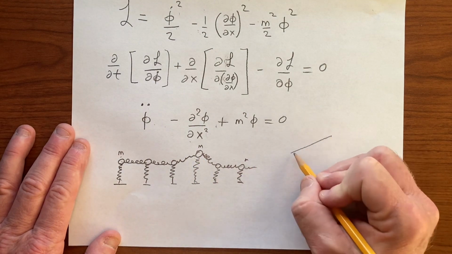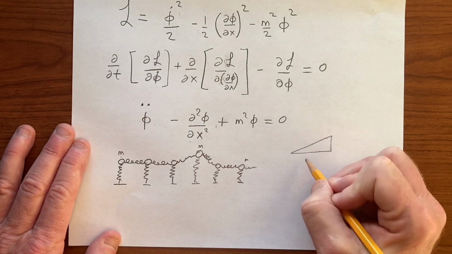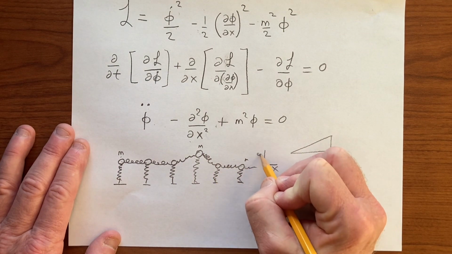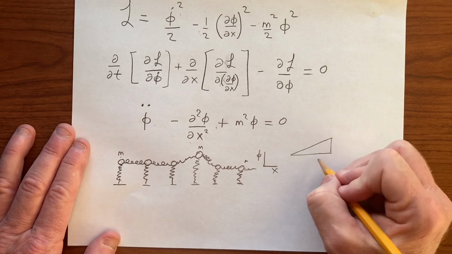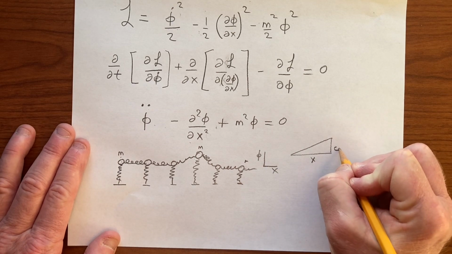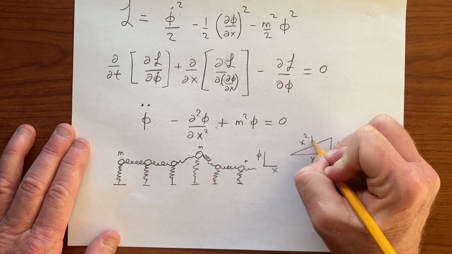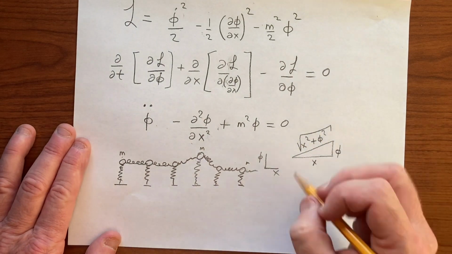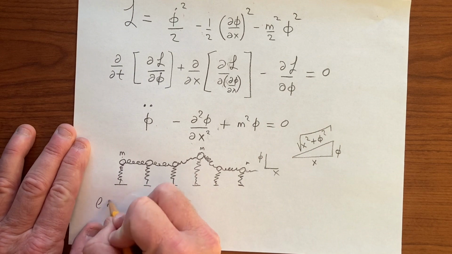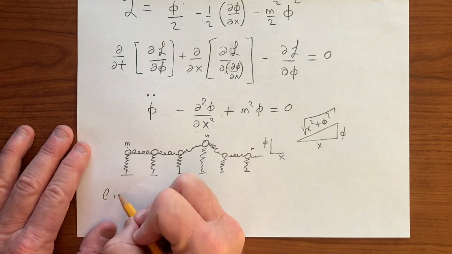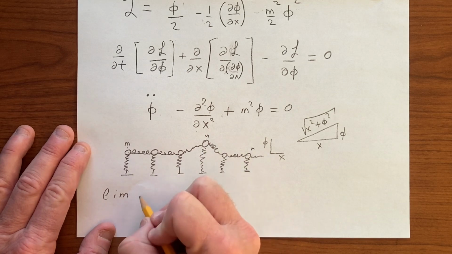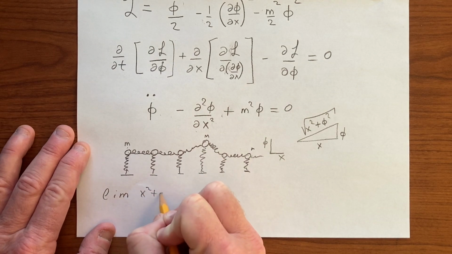this is the displacement there. We have a triangle there, where this is the x direction, and this is φ. So this is x, and this is φ, and this is therefore the square root of x squared plus φ squared. And we want to consider the limit for small displacements of x squared plus φ squared.